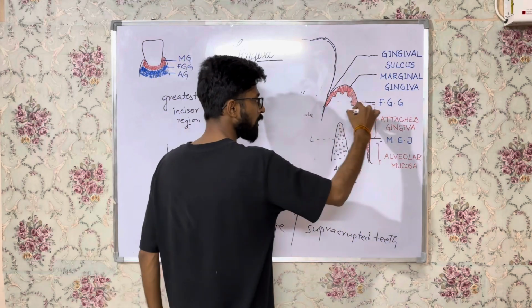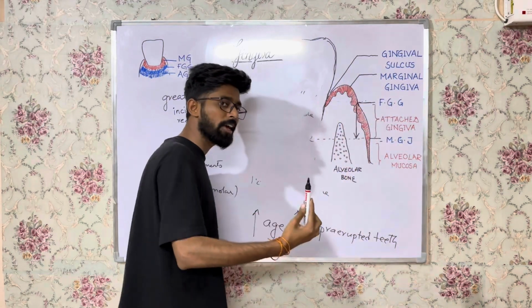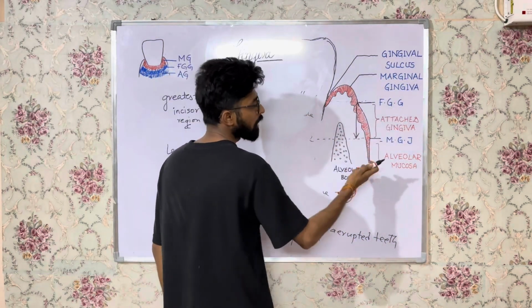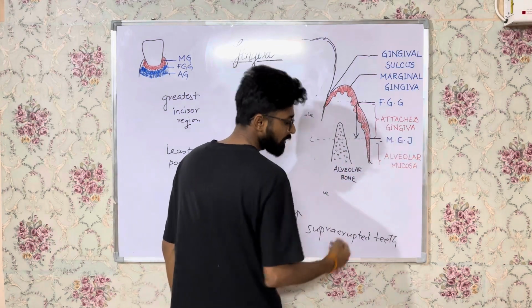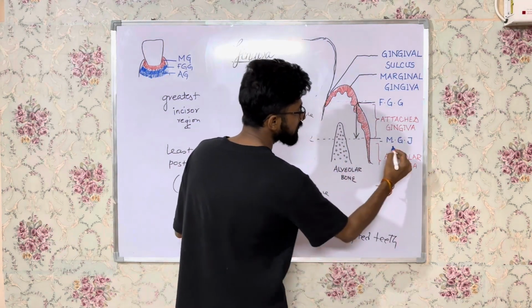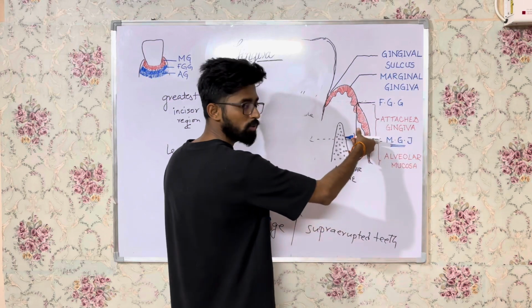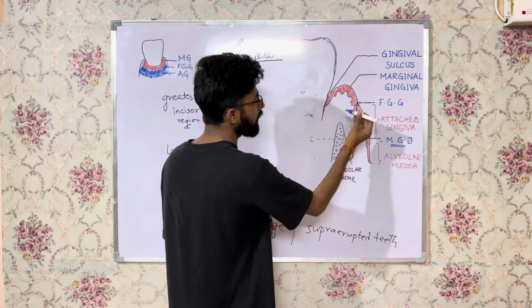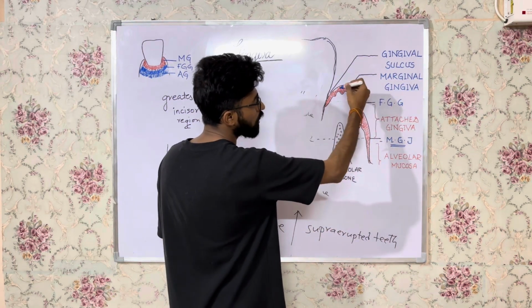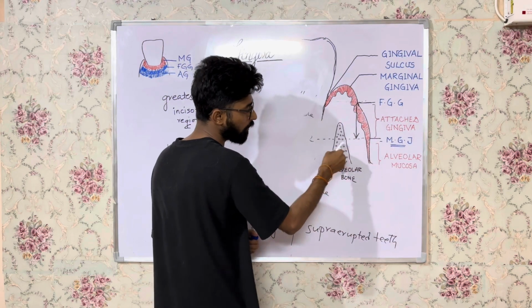The coronal portion of the gingiva is prone to variation, so this width varies. The mucogingival junction is constant throughout life, so width will vary depending on the variation in the coronal portion. It will not be varying from this end.